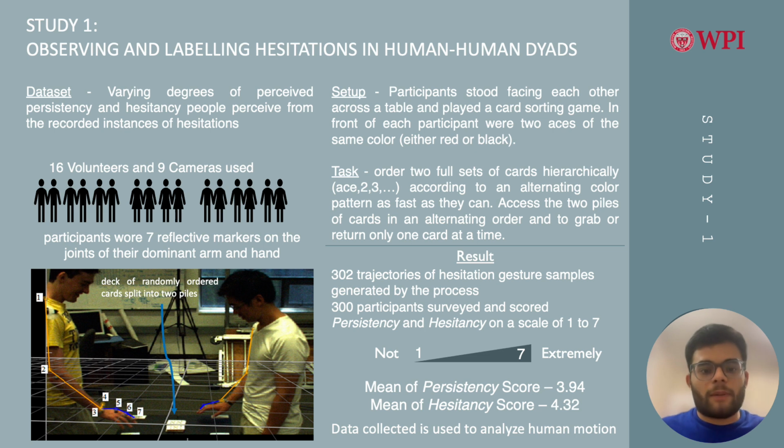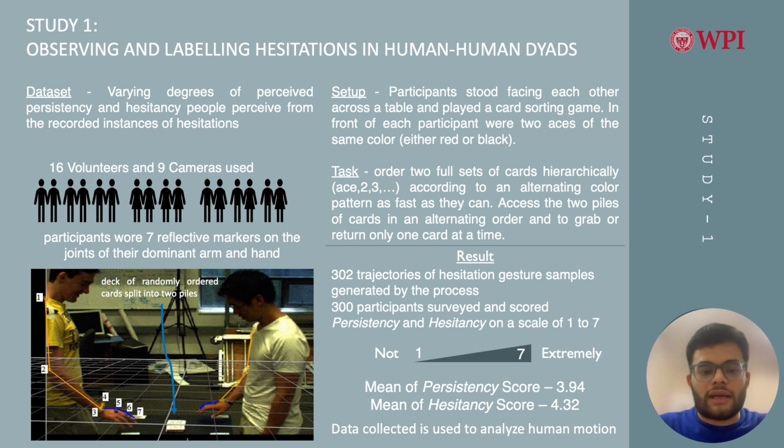That is, if a particular participant gave a scenario a rating of 6, that means that person found the participant in the video to be very much hesitant towards picking up the cards. The mean of the persistency score was around 4, whereas the mean of the hesitancy score was around 4 to 4.5.